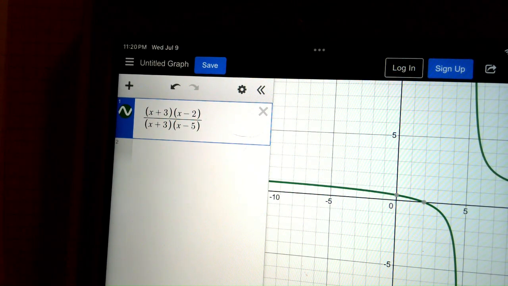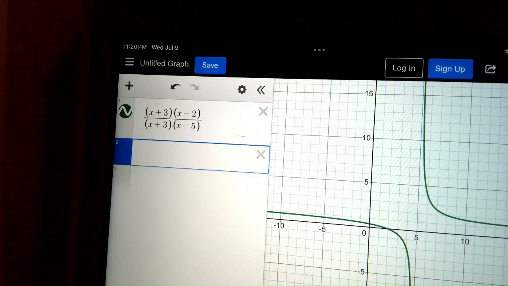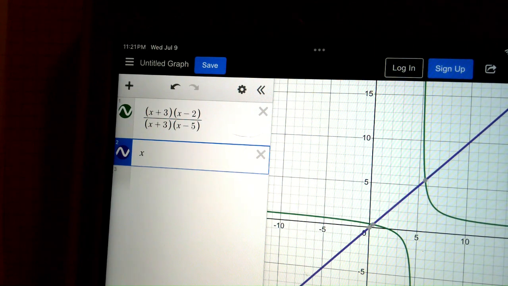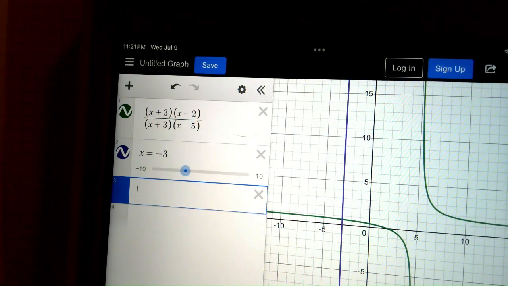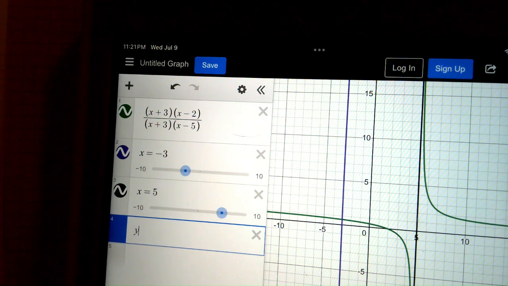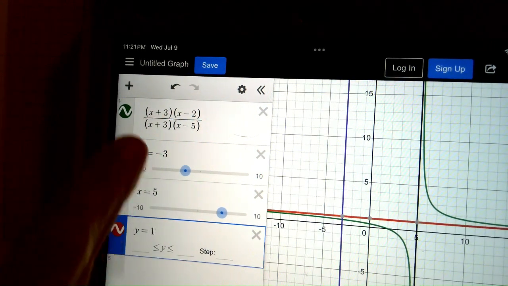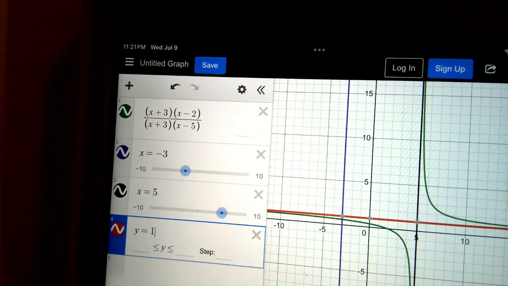So we kind of expected there to be an issue at x equaling negative 3, but there's not. And we expected there to be one at x equals 5, and that definitely does exist. And the reason why the horizontal is at y equals 1 is because if you were to multiply the numerator together and the denominator together, they would both start off with 1x squared, and 1 over 1 is 1.